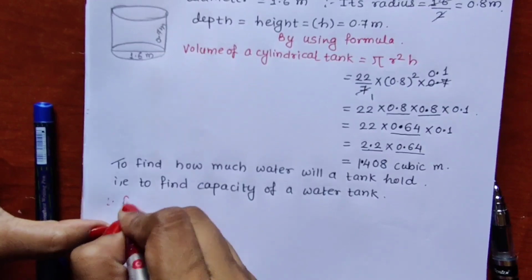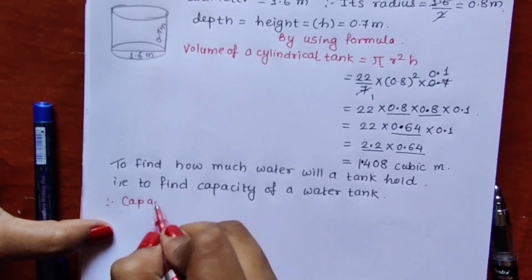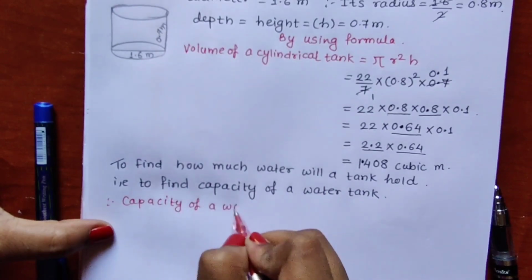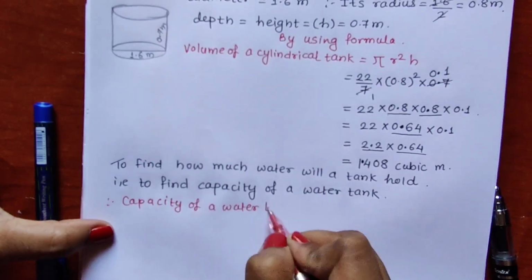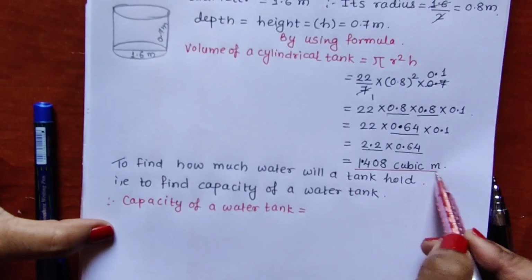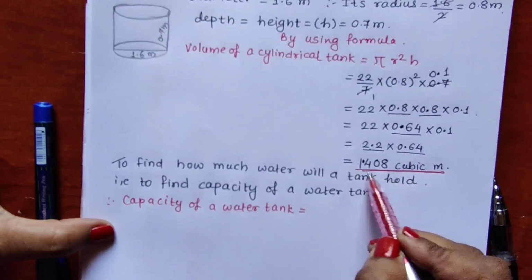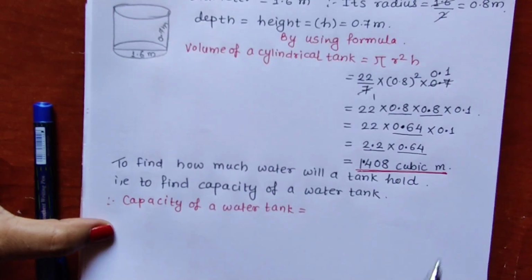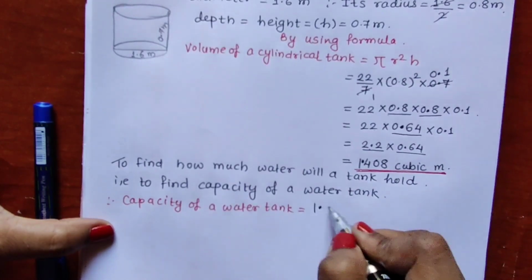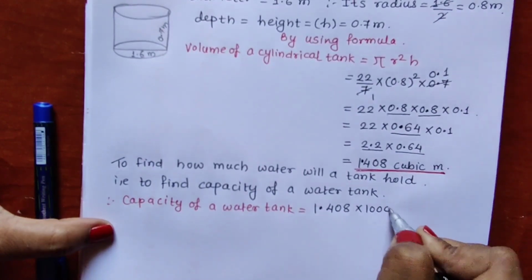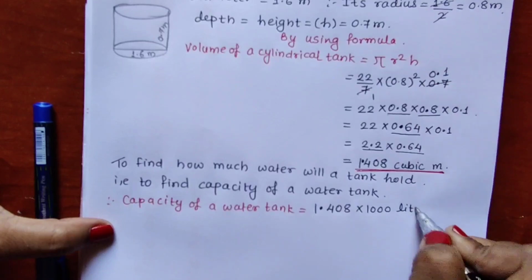Therefore capacity of a water tank is equal to, we have to convert this cubic meter into liter. We have seen how to convert cubic meter into liter. So we have to multiply 1.408 by 1000, so it will be converted into liter.